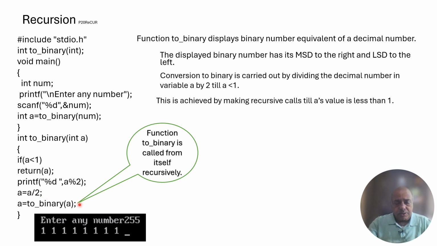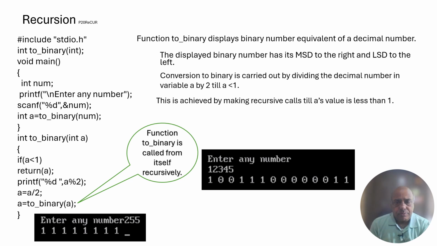In every iteration, the number a which was passed from the function call is divided by 2 and again passed to the function as a parameter, and that function is modifying a again and assigning its value to a.